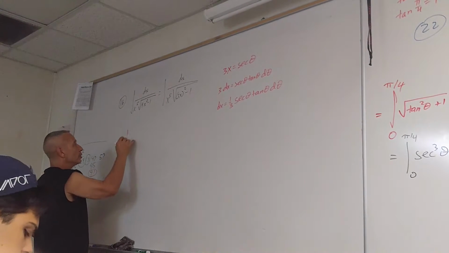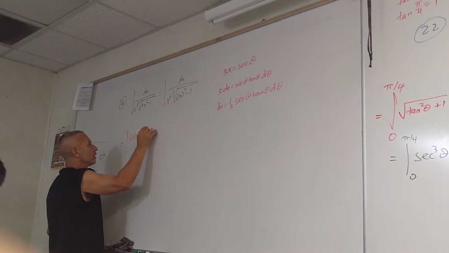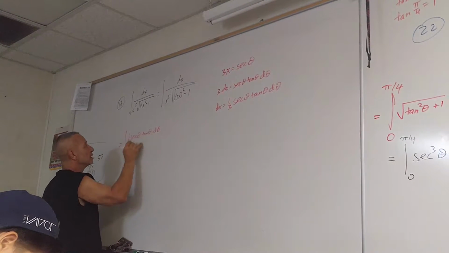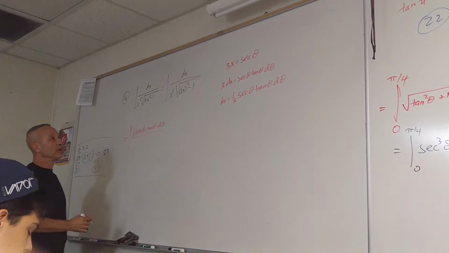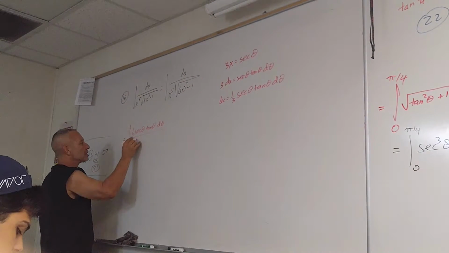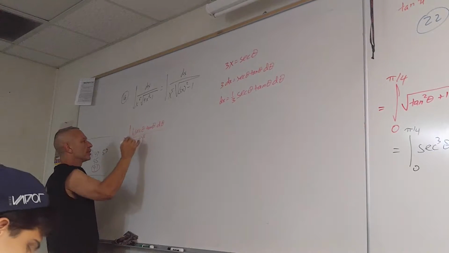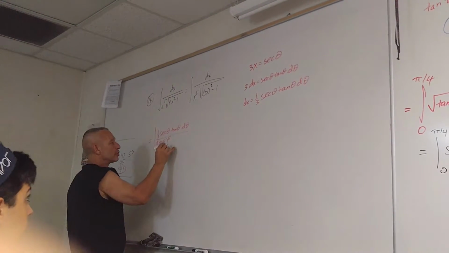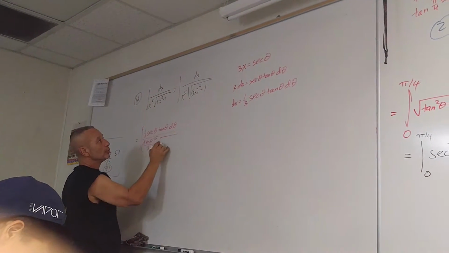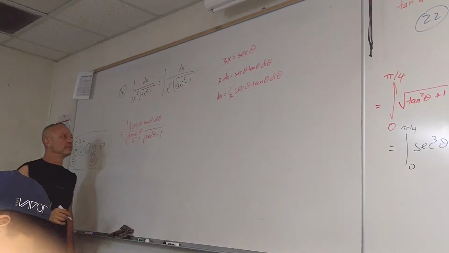Dx, as we just wrote, is 1/3 secant theta tan theta d theta. The denominator, well, x to the 5th is secant theta over 3 to the 5th. And now I've got under the radical square root secant squared theta minus 1.